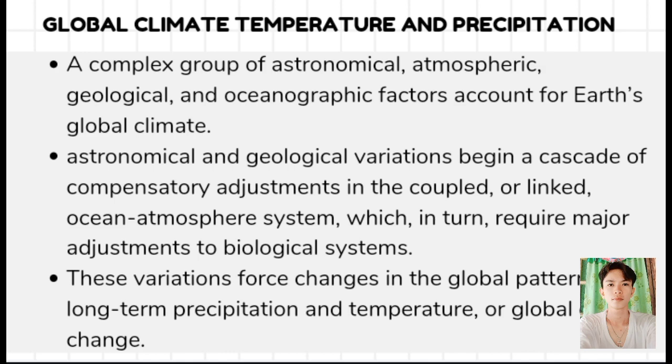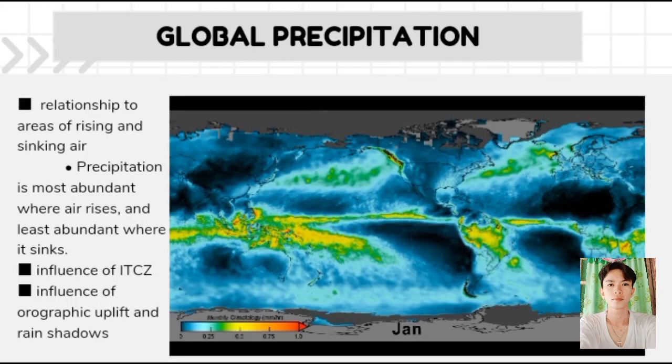The second is that astronomical and geological variation begin a cascade of compensatory adjustments in coupled or linked systems. And the last is that this variation also changes the global pattern of long-term precipitation and temperature, causing global climate change.